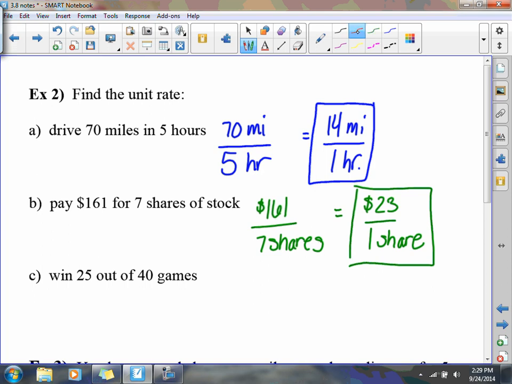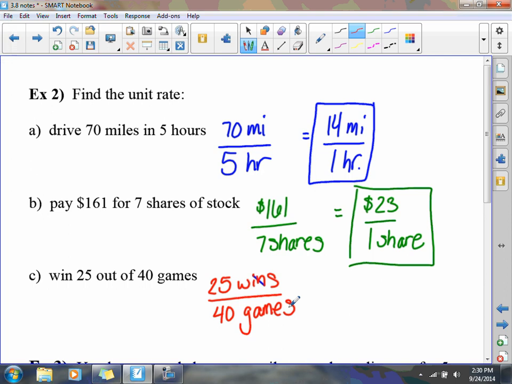Okay, and then the last one here, win 25 out of 40 games. So 25 wins out of 40 games that you played. Now, technically, you still won 25 games. So you could think of this as 25 games over 40 games.